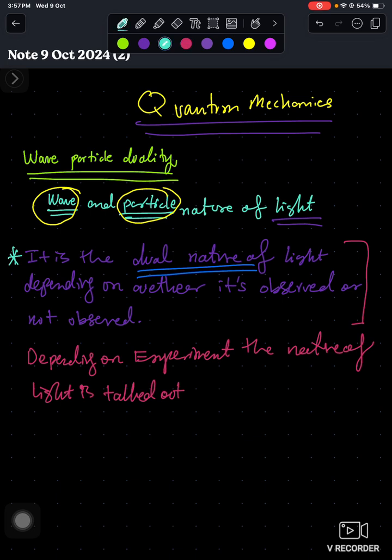Okay, so the first experiment is photoelectric effect. This experiment talks about the particle nature of light.